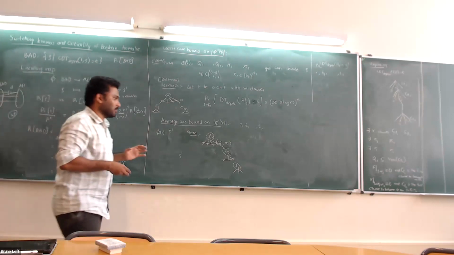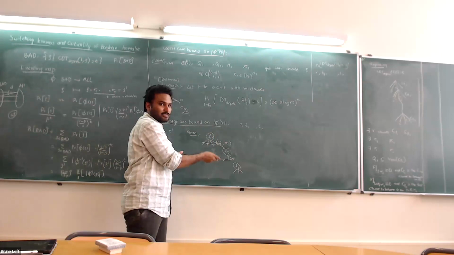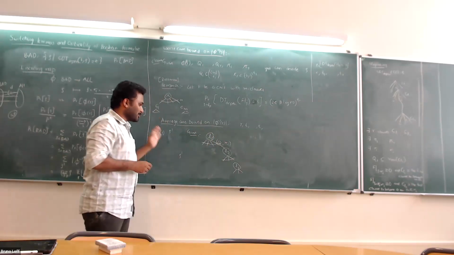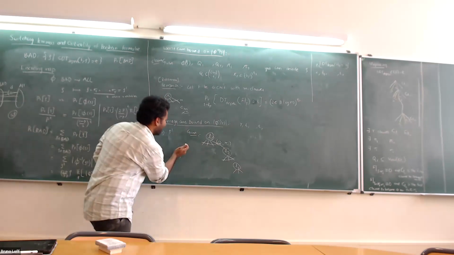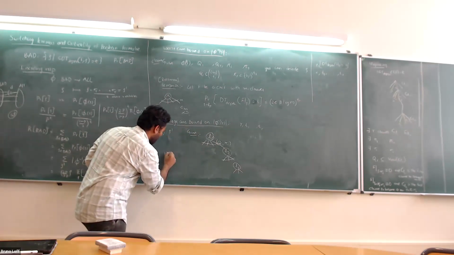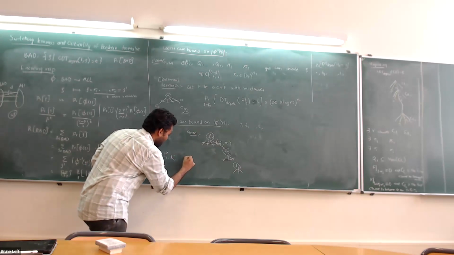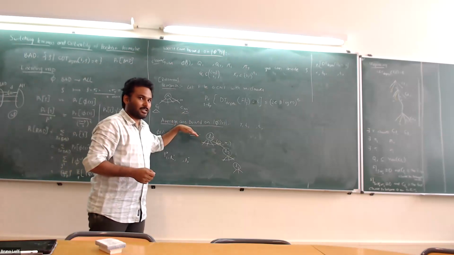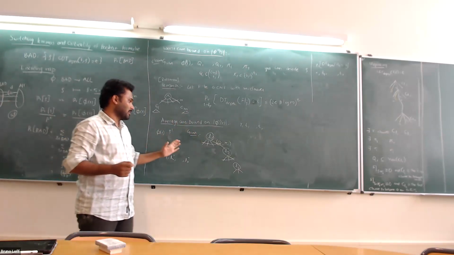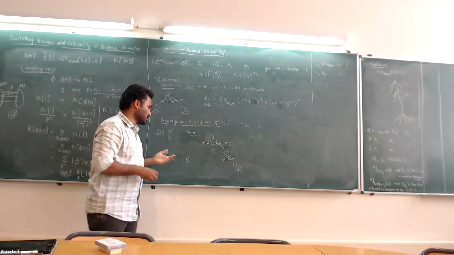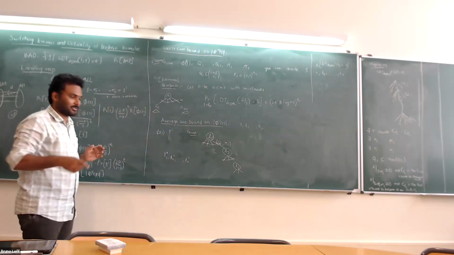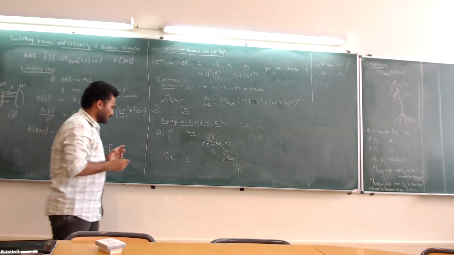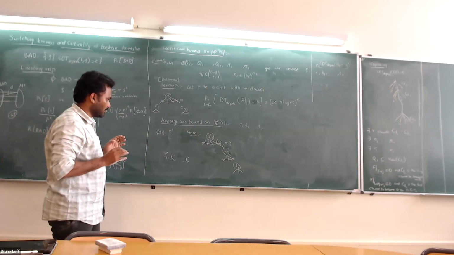Okay, so what is the bound on this? Here is a very simple bound. Find an L1 star to LR star which maximizes the product of degrees. What do I mean by that?